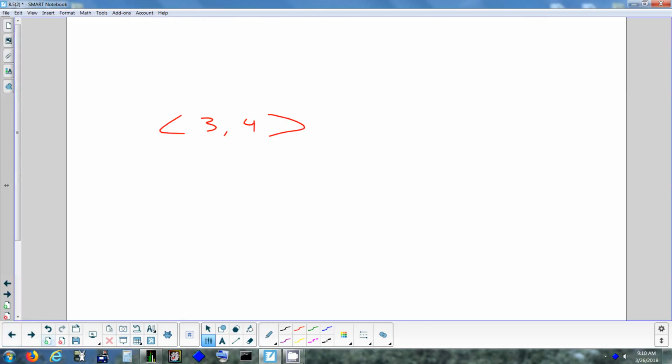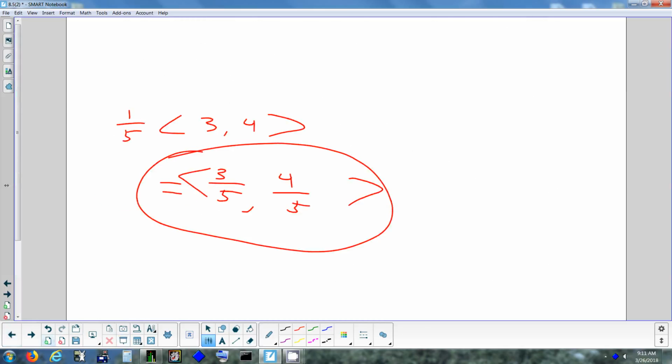Well, we just said earlier, if the magnitude was 5, we would scale by 1/5. What does that really mean to do? We're just dividing each component by 5. I took 1/5 of each number, and that would be the answer. So what I've just done is I didn't change the direction. All I did was make the vector shorter, so it was exactly a unit vector.